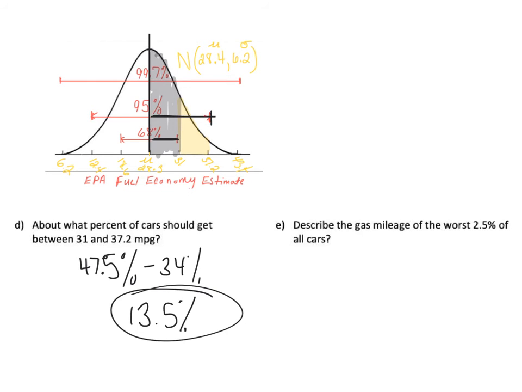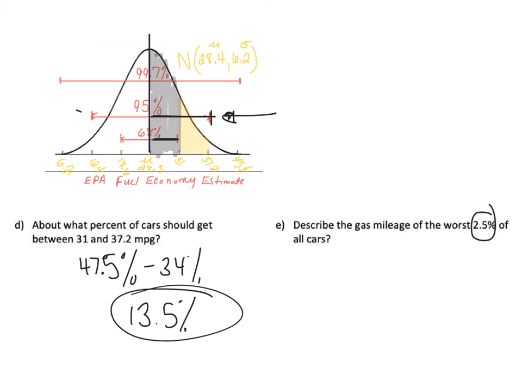Part E, describe the gas mileage of the worst 2.5% of all cars. Once you've done enough of these problems, when you see 2.5%, that's going to jump out at you. And here's what I recognize: 95%, what's missing from 100? There's 5% left over.